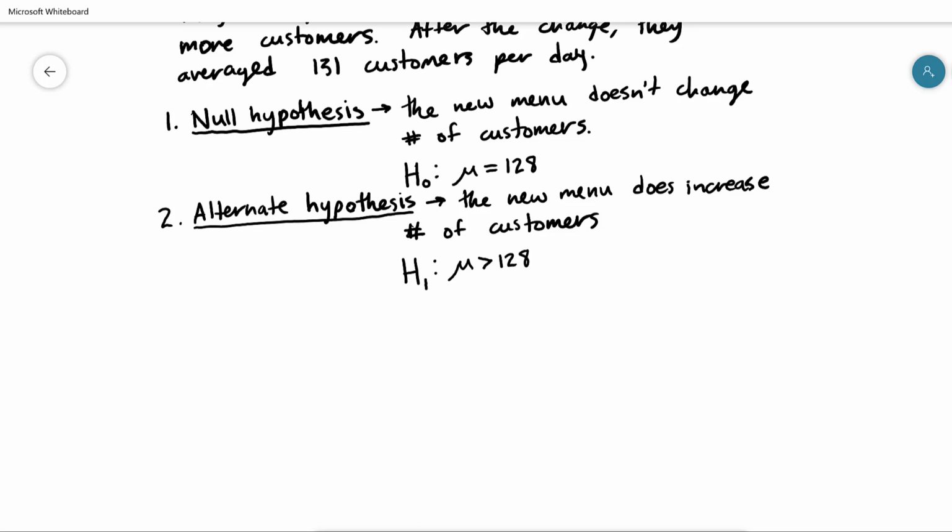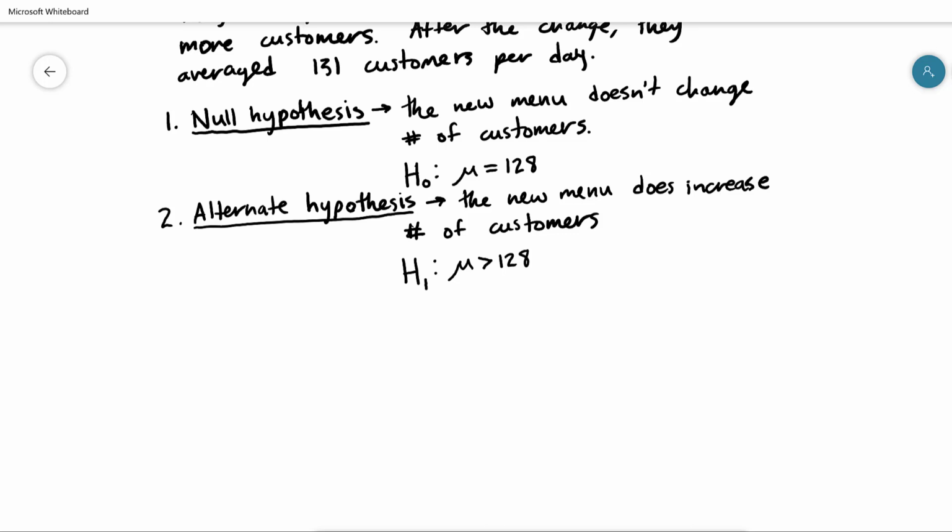So we'll see this in just a minute. We'll do some more examples, but this is kind of our starting point. This is always going to be the first step of a hypothesis test, is defining these two hypotheses. And it turns out, as we go through and do actual problems, this is honestly one of the hardest parts, is correctly picking the null and alternate hypothesis.